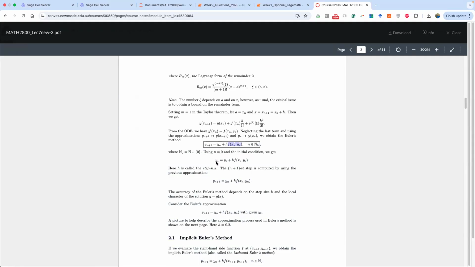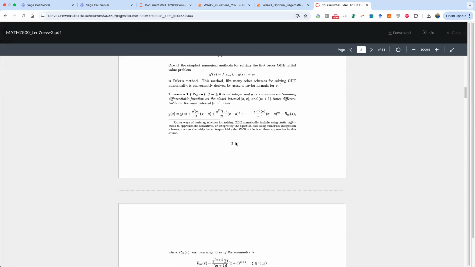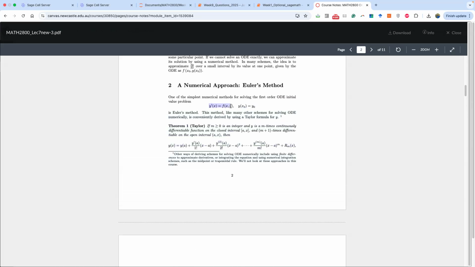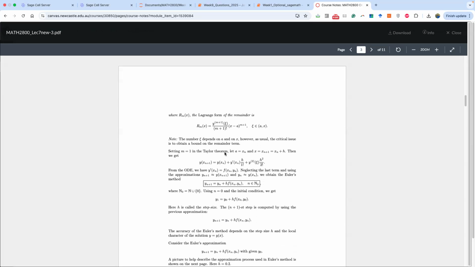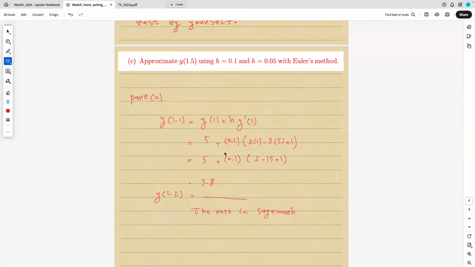So if I want to do the first step, y of 1.1 equals y0 plus h times y prime. So f is like y prime here. All right, move on. The initial condition, if you remember, is y of 1 equal to 5.